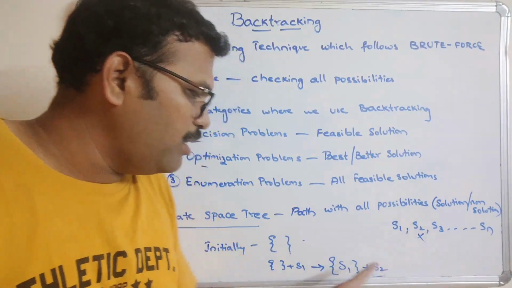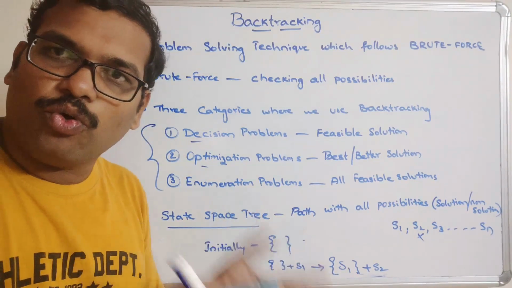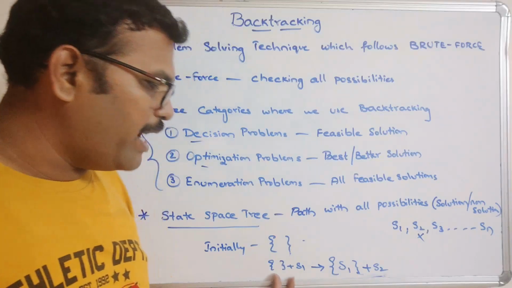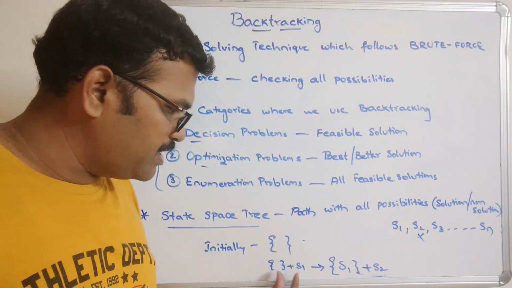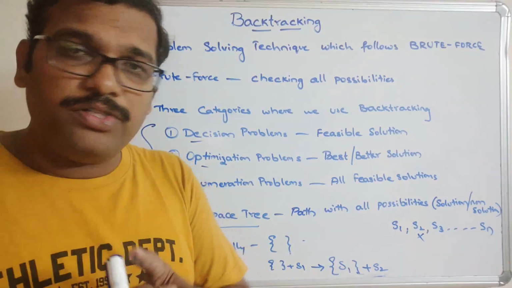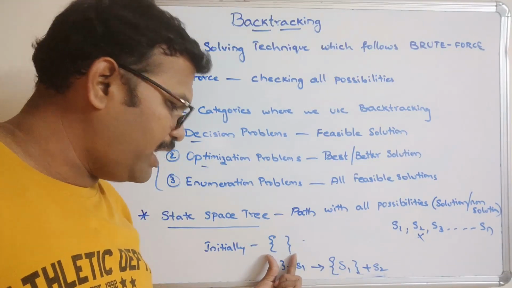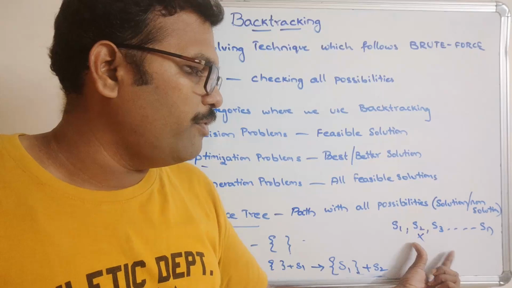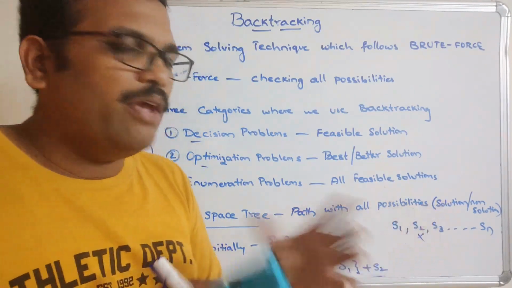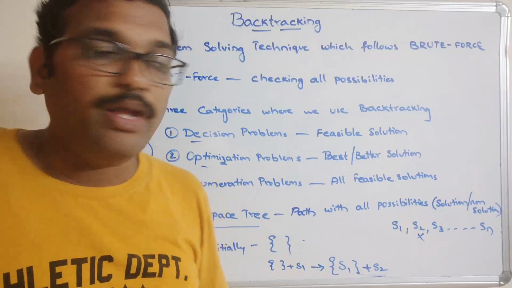If this solution is feasible, which obeys all the constraints given by the user, then S3 will also be added to the initial set. So in such a way, only the feasible solutions will be added into this initial set, and the solutions which are not viable or not suitable will be discarded.